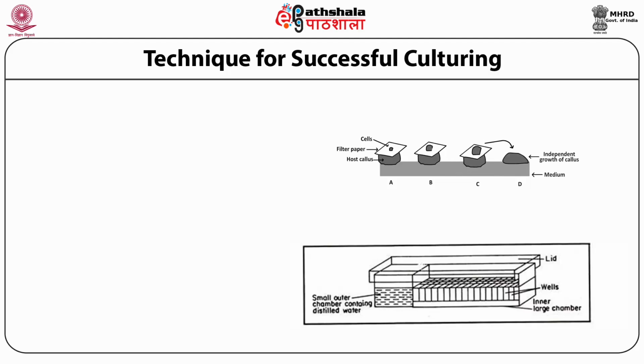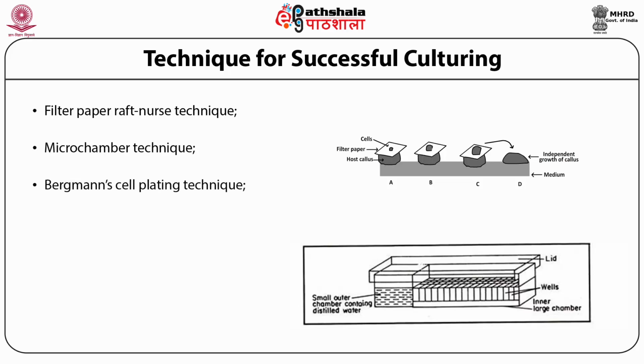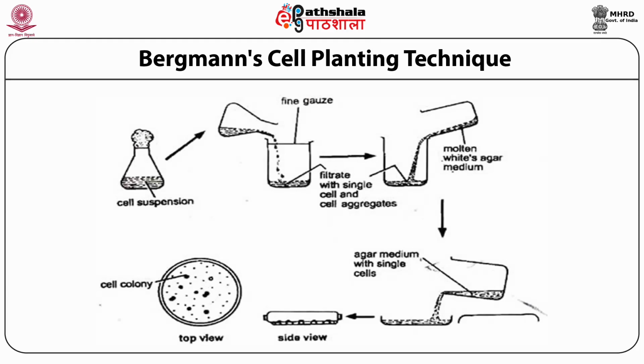The techniques which have been developed include the filter paper raft nurse technique, microchamber technique, Bergmann cell plating technique, and microdrop method. The Bergmann cell plating technique involves a cell suspension culture. You let it pass through a filter so that you get rid of larger cell aggregates and you have single cells.